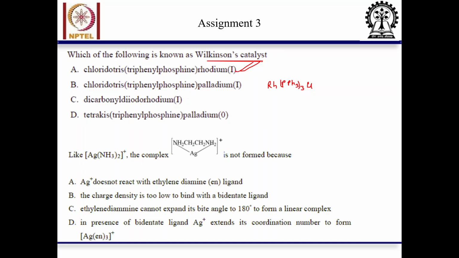Now AgNO3 plus the complex, this one fails, and what is the reason? The question is Ag(NH3)2 plus forms, but the Ag ethylenediamine complex doesn't form.